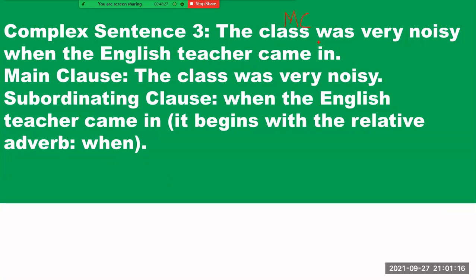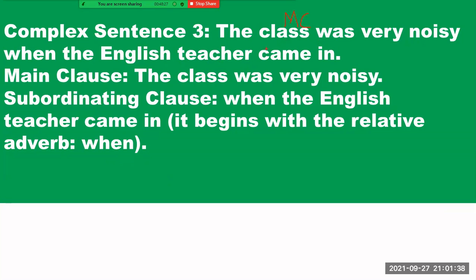And another feature is that it can form a simple sentence, all right? Now, if we extract the class was very noisy, we can make it stand on its own as a simple sentence. The class was very noisy, all right? You are just reporting an event that happened in the past, all right?